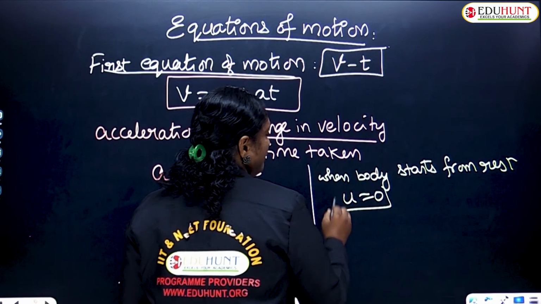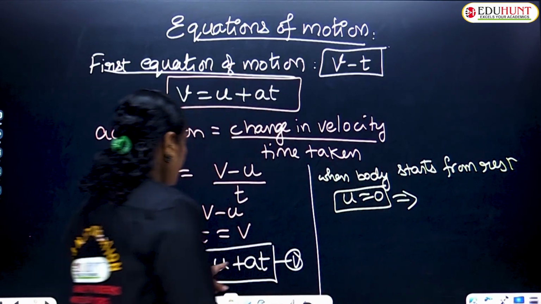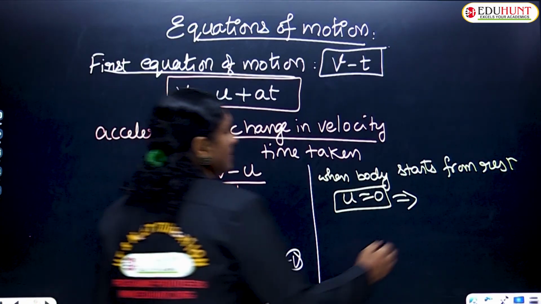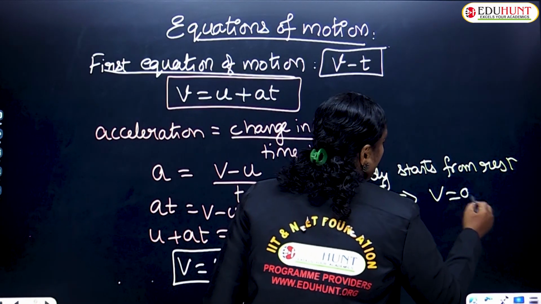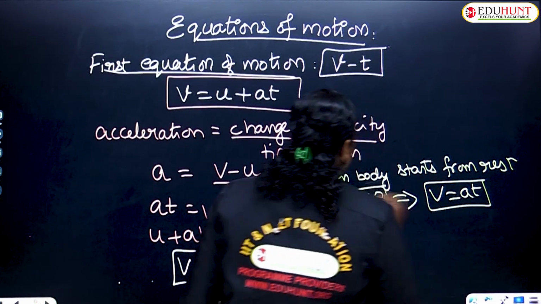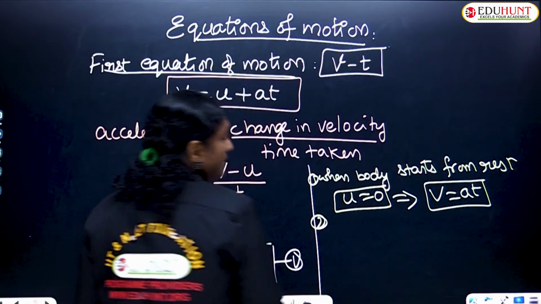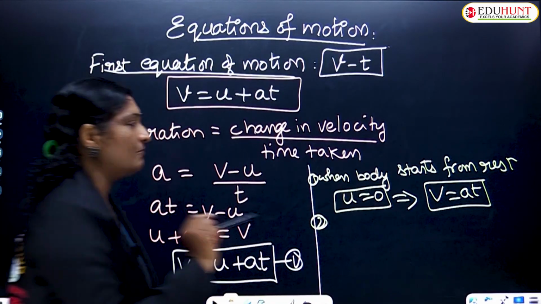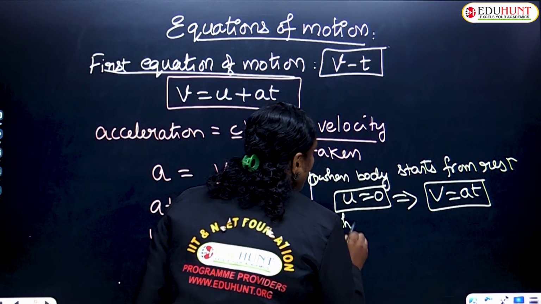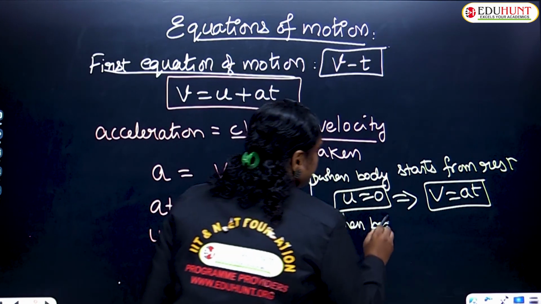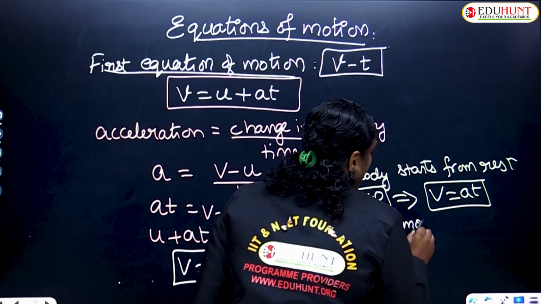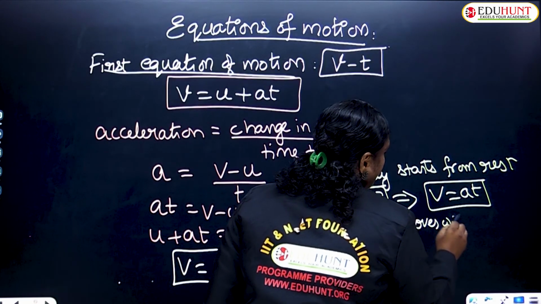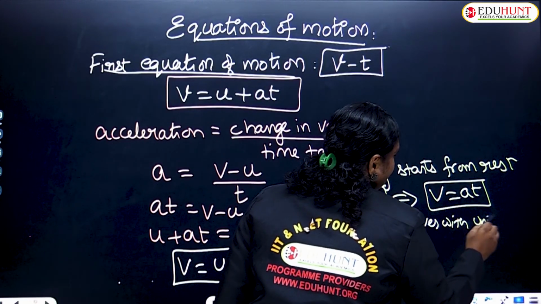Substitute u equals 0, then your equation will turn as v is equal to at. And case 2: whenever the body moves with uniform velocity.